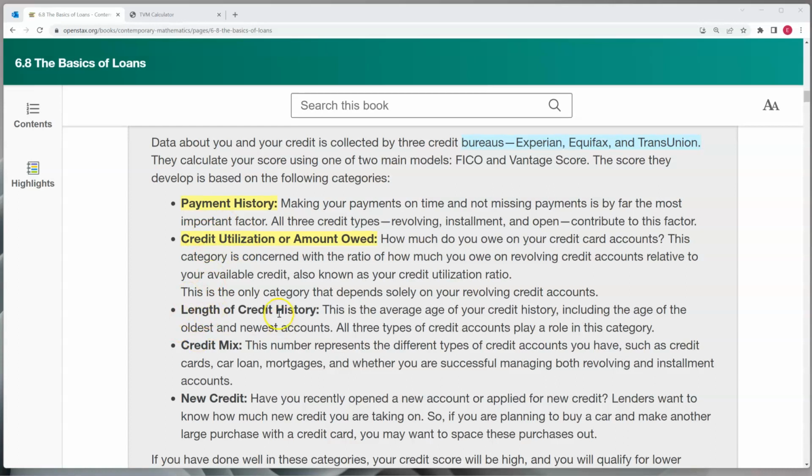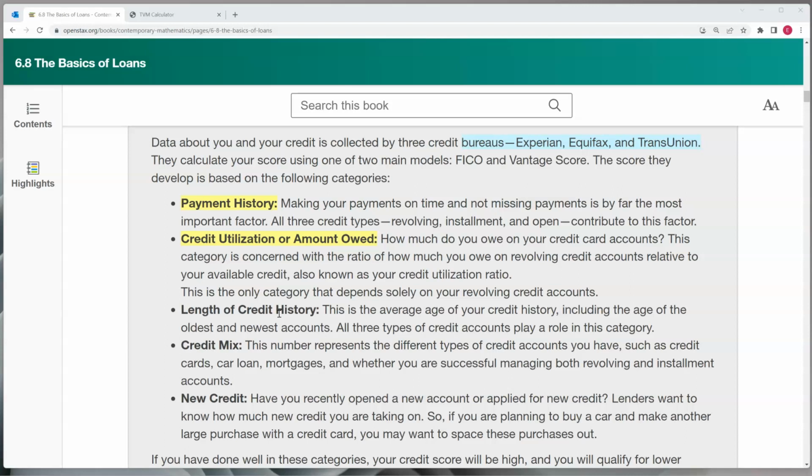The next is the length of credit history. This is really most powerful for people who are just starting out. It took 5 or 6 years of me having credit for it to finally be a positive impactor for the length of time. It takes a while. You can't have an account for 5 months and think that you're going to increase your credit score in 5 months.